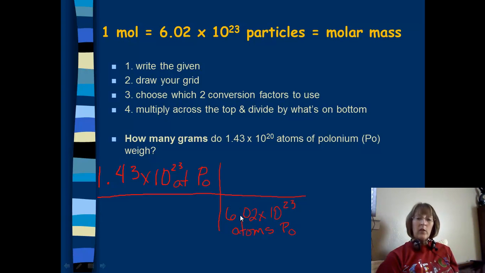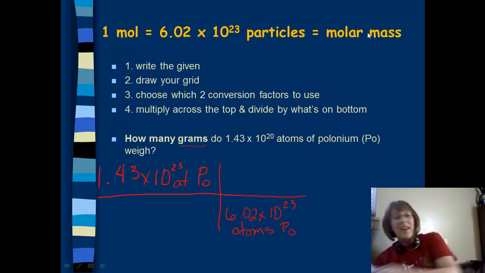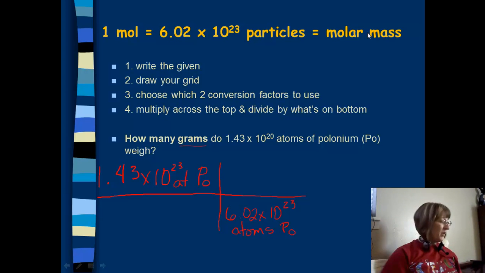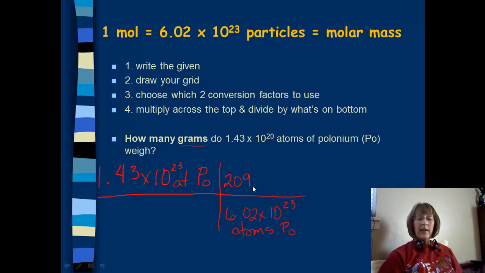6.02 times 10 to the 23rd atoms of polonium, and I need to figure out how many grams, because in the problem they're saying how many grams. So I don't want 1 mole, I want the molar mass of polonium. You look on your periodic table, and the molar mass of polonium, and I'm going to round to the nearest whole number, is 209. So I've got 209 grams of polonium.